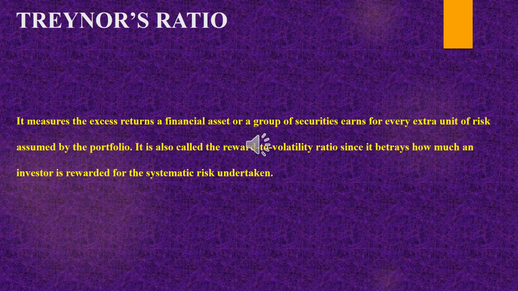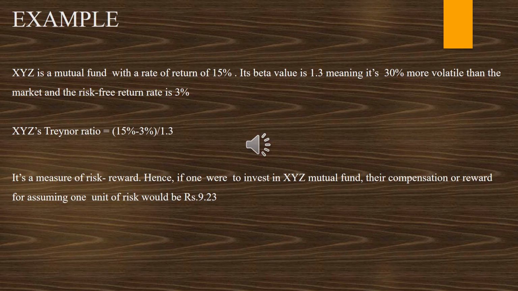Treynor's ratio is also called the reward to volatility ratio, since it portrays how much an investor is rewarded for a systematic risk undertaking. So this measures the return on financial assets, and this is what is known as Treynor's ratio. So these are the examples of this Treynor's ratio.